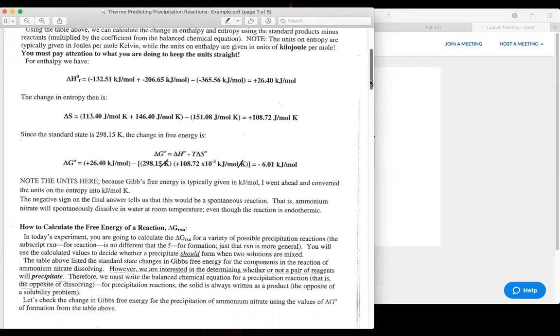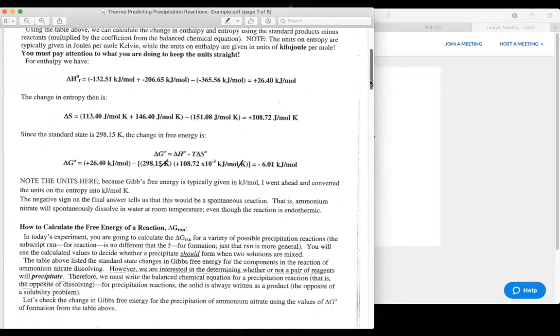Remember, for Ksp, such as for silver chloride, let me give you an example of what is going on. This one doesn't want to go to solution; it lies towards the right to produce silver ion plus chloride ion, which are aqueous. This is what we looked at in solubility.